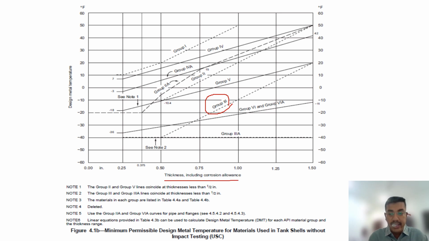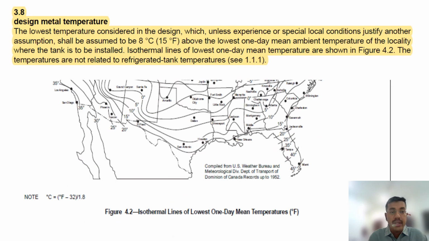The thickness given was 1 inch, so for 1 inch, Group 3A, I have to find it. It is coming to minus 10. See, in the last slide we found minus 10 for 1 inch. So you can do it by the chart and by the calculation also. It is an alternate way.